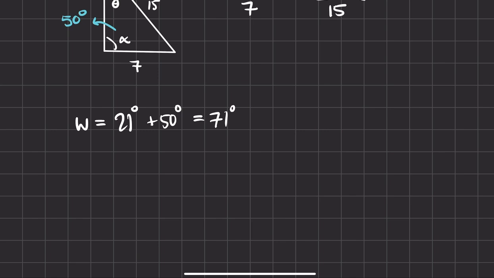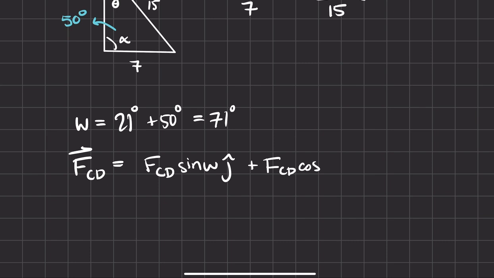Now that we have that angle, we can break up FCD into its components. So FCD is going to be equal to the magnitude FCD sine of omega in the J component, plus FCD cosine of omega in the K component. So we have our FCD.